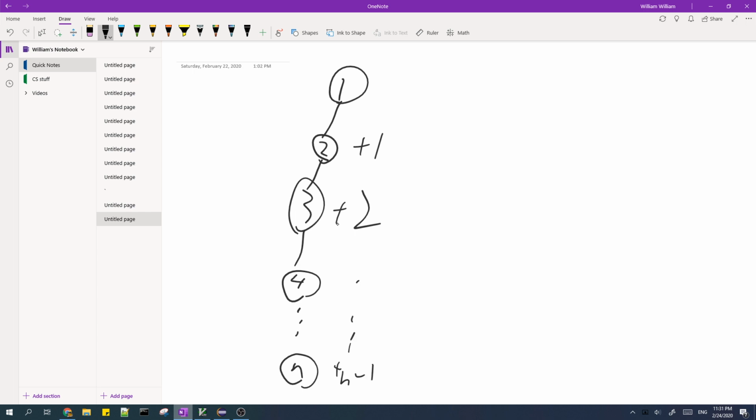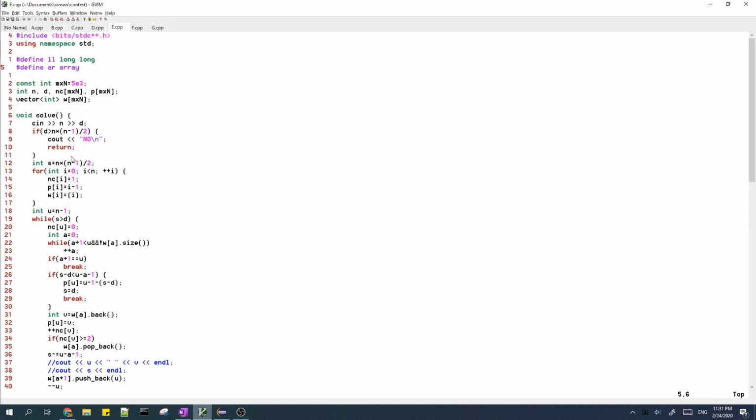Using the formula for the sum of the first n integers, we find that the sum of depths is equal to this. So when we get the input, if we find that the sum of depths is already greater than this expression, then we know it's impossible.